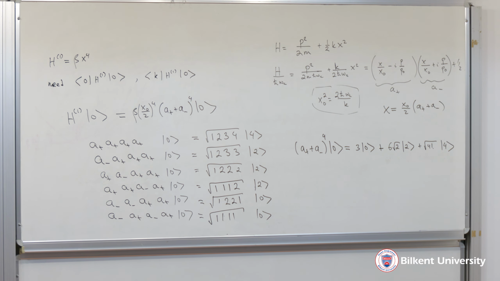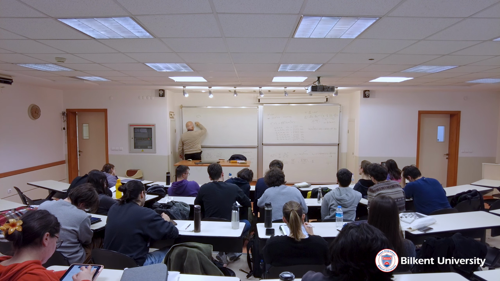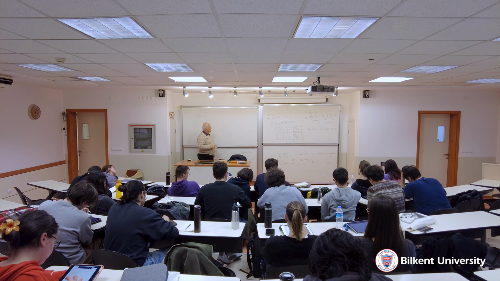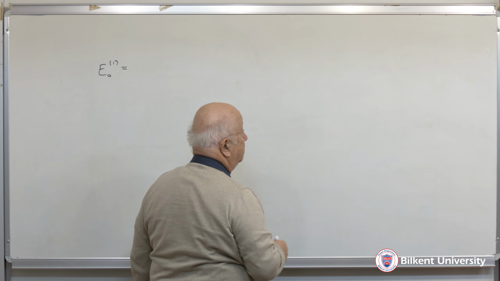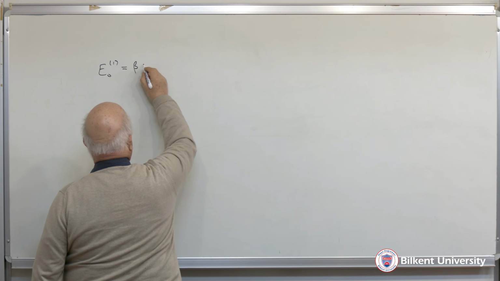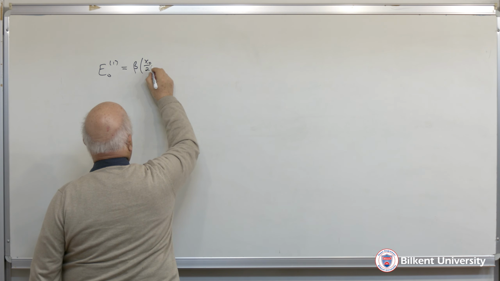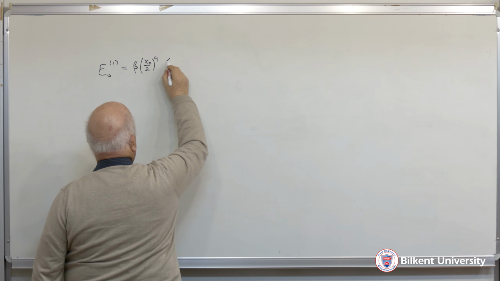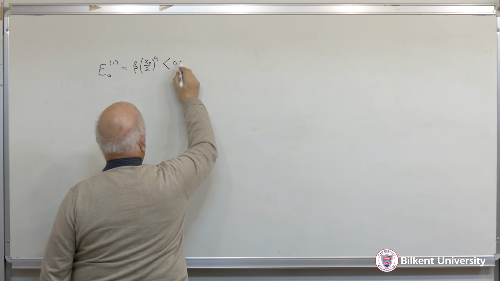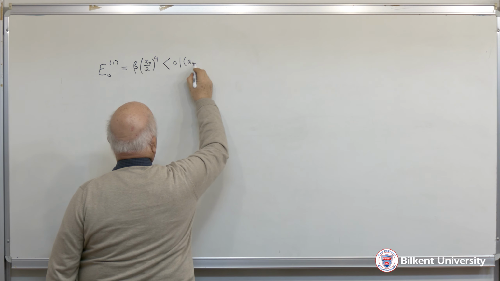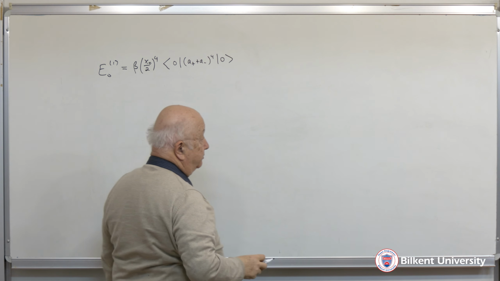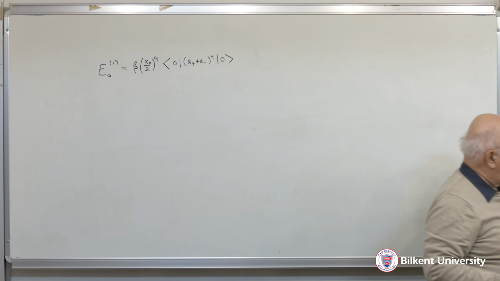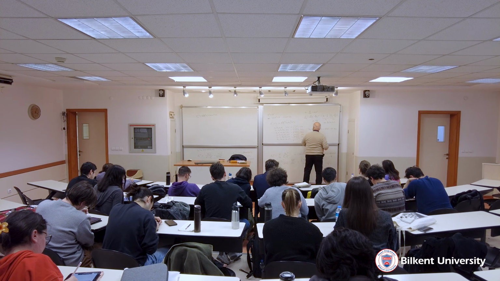So E0 in first order is going to be equal to this beta x0 over 2 to the 4th power, and I'm going to get 0 a plus plus a minus to the 4th power 0, and I just decided that that would give me 3.